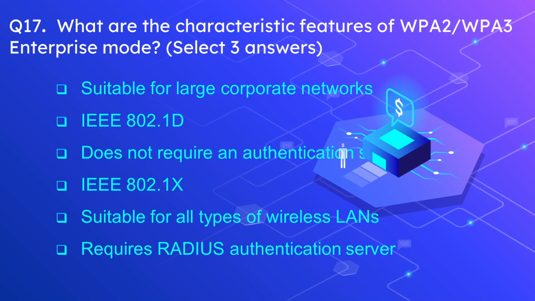Question number 17 is: what are the characteristic features of WPA2 and WPA3 enterprise mode? We have to select three answers, and the options are suitable for large corporate networks, IEEE 802.1d, does not require an authentication, IEEE 802.1x, suitable for all types of wireless LANs, and requires RADIUS authentication server.